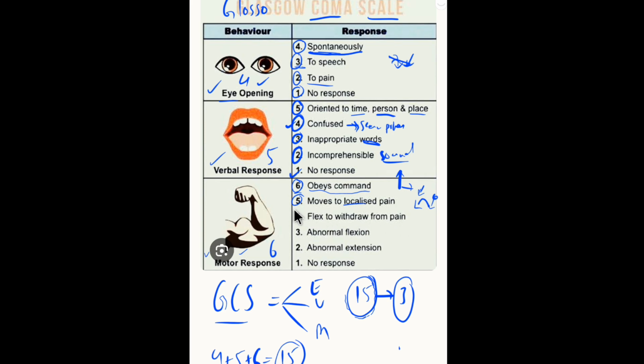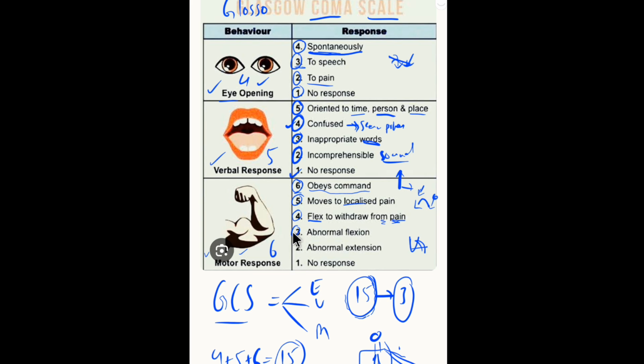Another is flexion, withdrawal from pain. For example, if you touch the trapezius muscle strongly and they just flex their hand, like withdrawing from the pain, only flexion occurs, this gets 4. Next is abnormal function: they move their hand onto their chest slowly.